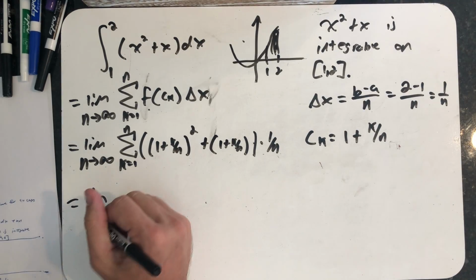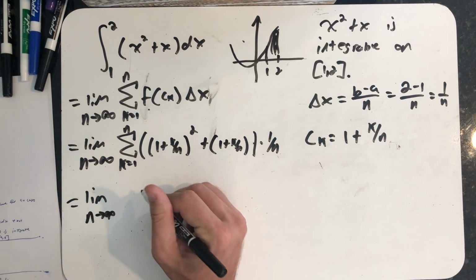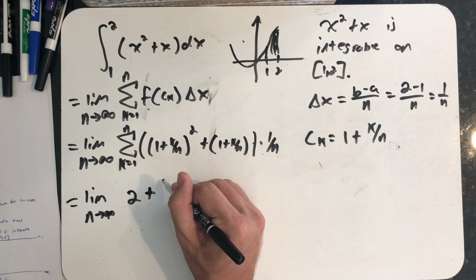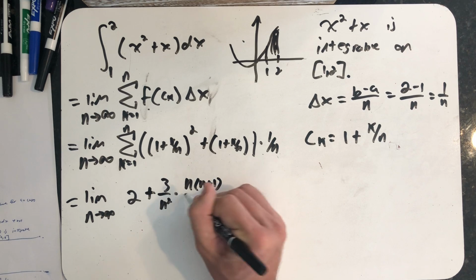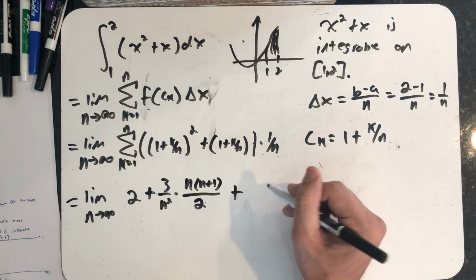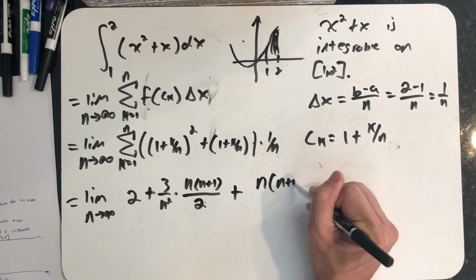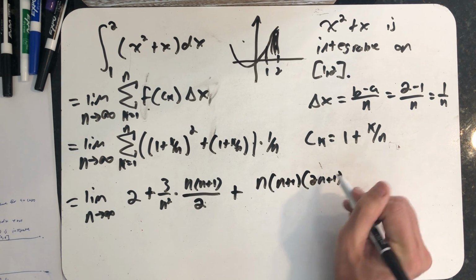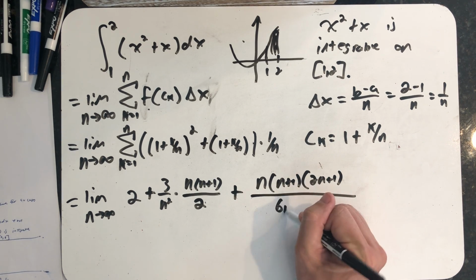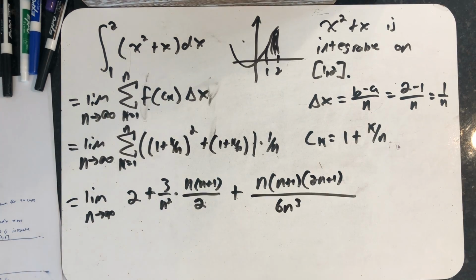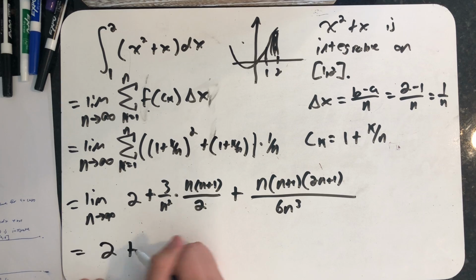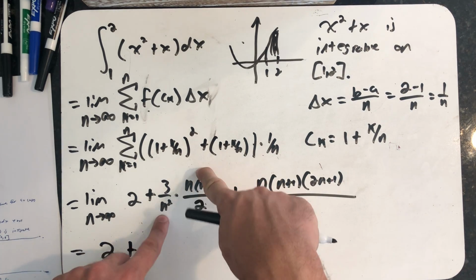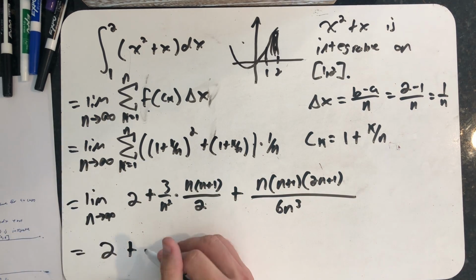So the limit as n approaches infinity of 2 plus 3 over n squared times n(n plus 1) all over 2, plus n(n plus 1)(2n plus 1) all over 6n cubed. Okay, so now I need to take a limit as n approaches infinity. So I have 2 plus, this is going to have a square term over a square term. The leading coefficients will be 3 and 2, so plus 3 over 2.